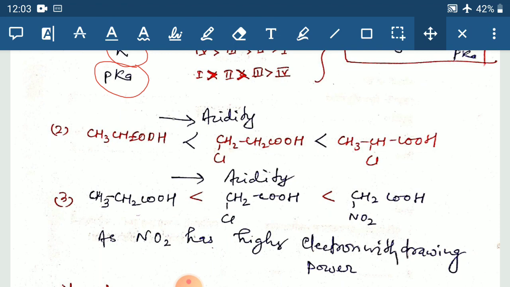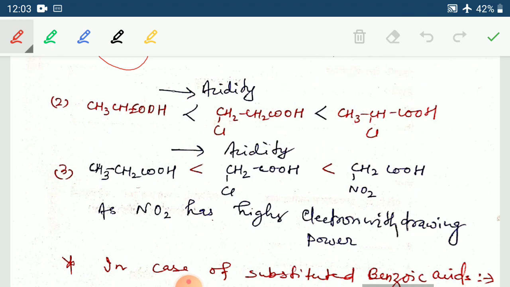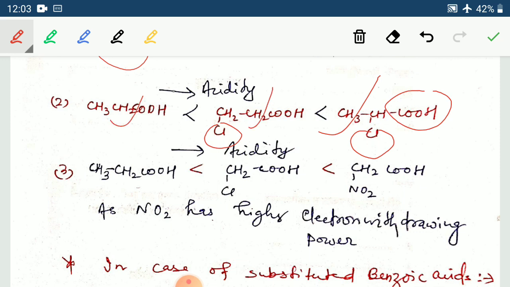See, this chlorine is just near this carboxylic group and this chlorine is far away. As we know, the inductive effect depends upon distance. As distance increases, its impact decreases. So this one will be more acidic than this one, and this one will be less acidic.